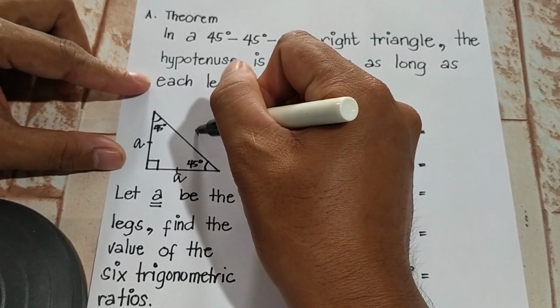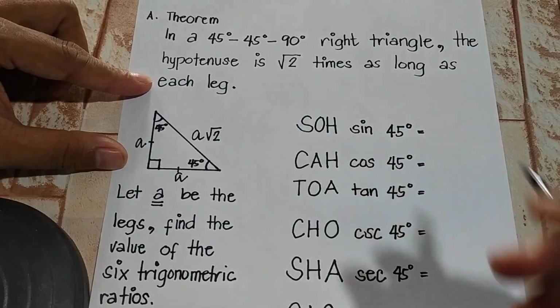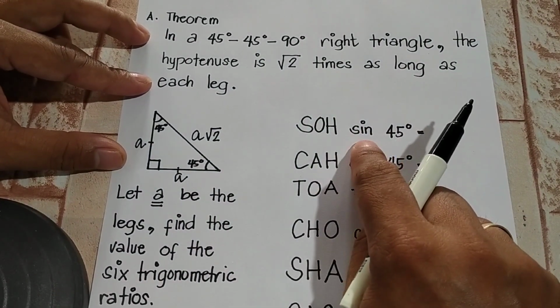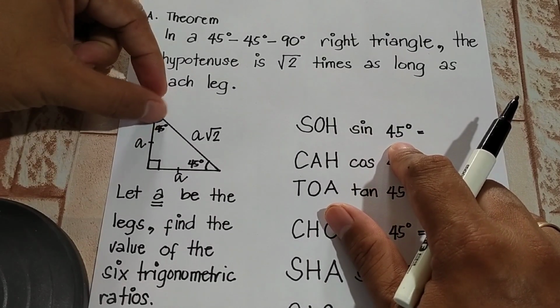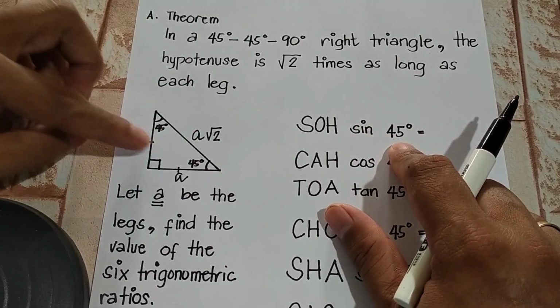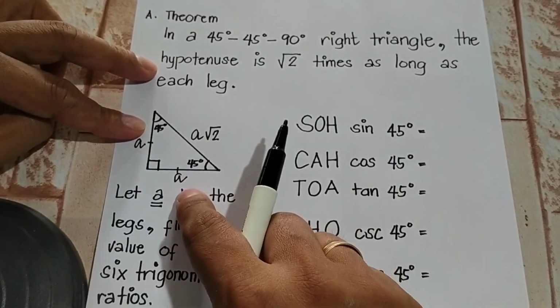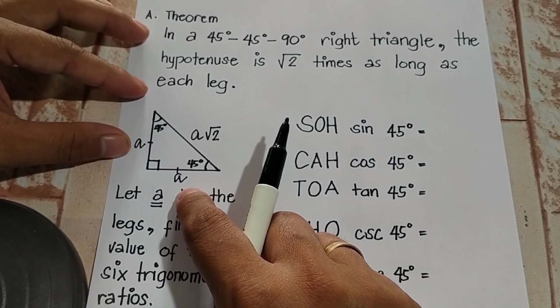Therefore, this would be A square root of 2. Is that clear? So let's find it out now. Whether you use this angle or this angle, since the opposite sides are just the same, that is what makes it special.